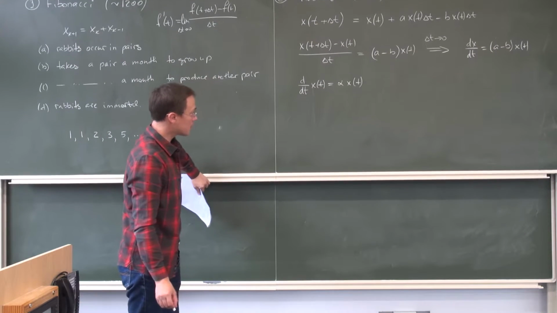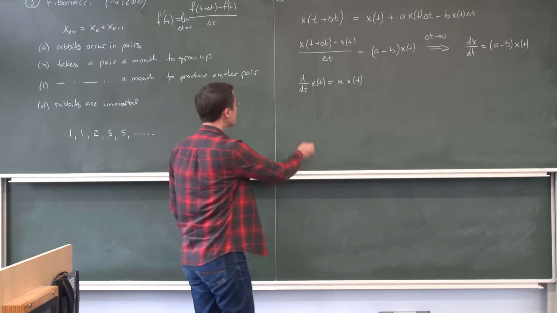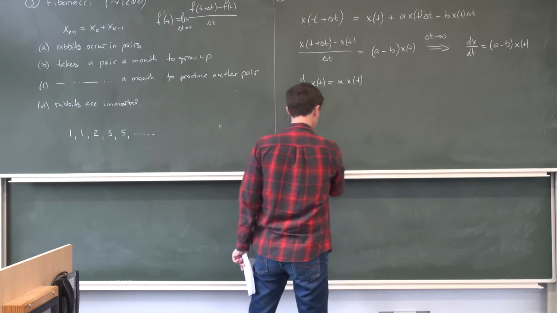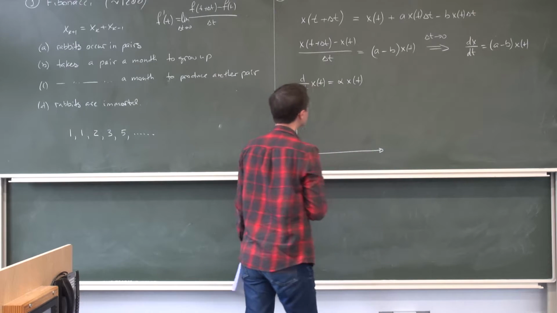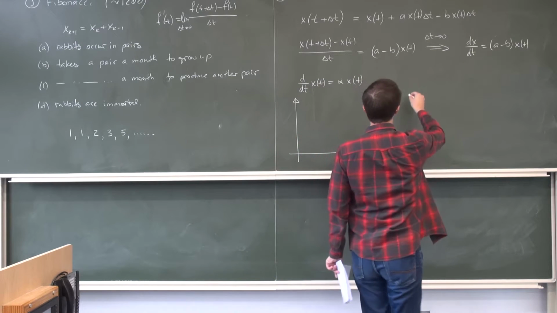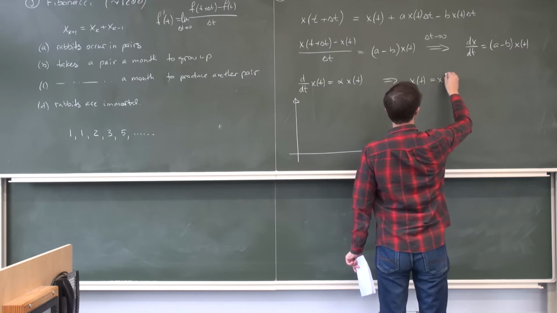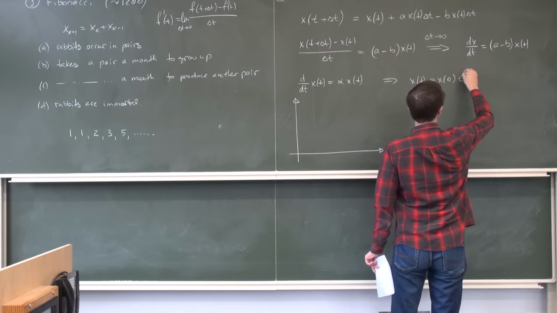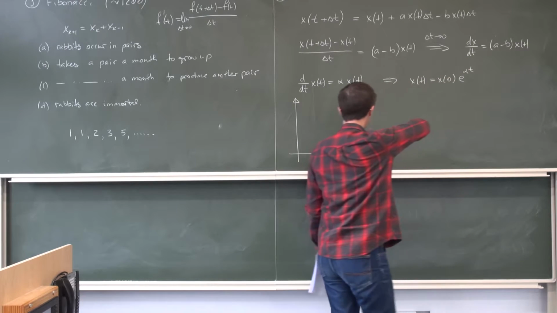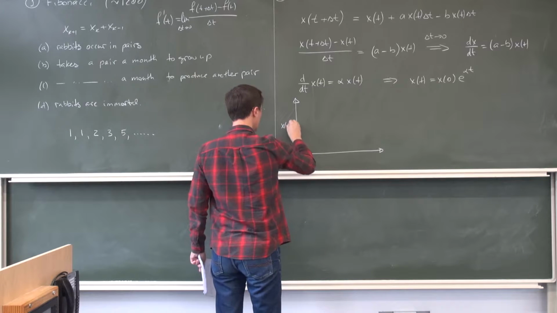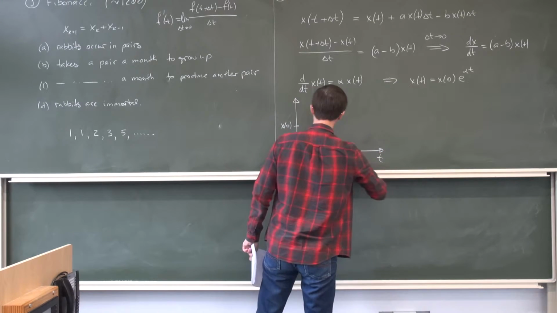Now, Malthus solved this and plotted the equation, and let's do likewise and let us discuss what we are going to see. As you well know, the solution for this is x of t is x of 0 e to the alpha t.